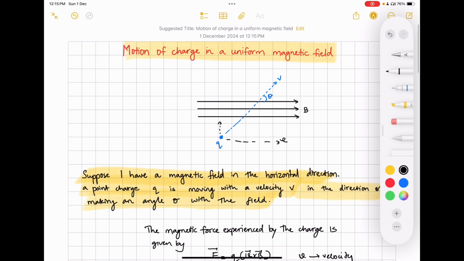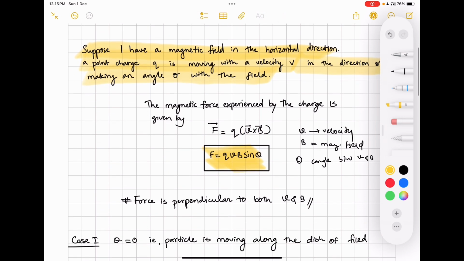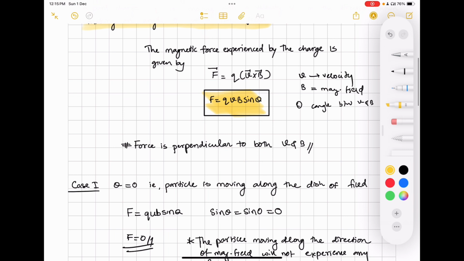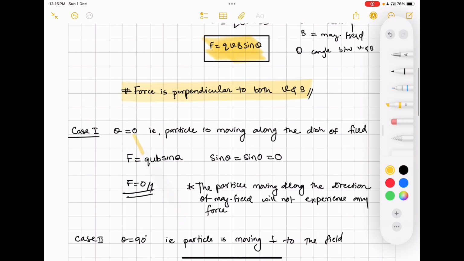So that's it. I'm going to summarize this. Suppose we have a magnetic field in the horizontal direction, and a charged particle q is moving with a velocity v making an angle theta. The force will be F is equal to QVB sine theta, perpendicular to both V and B. In case 1, if theta is equal to 0, the force will be 0.